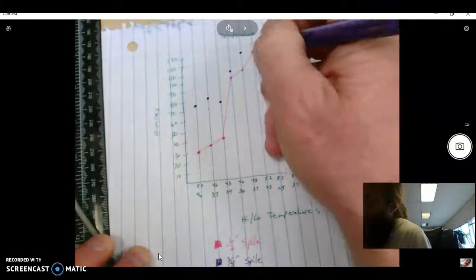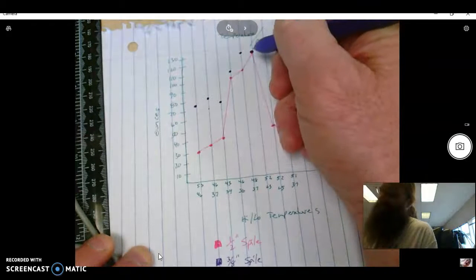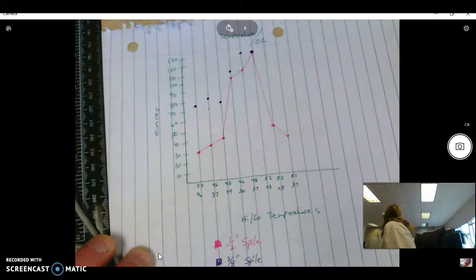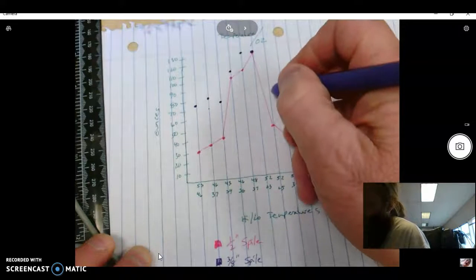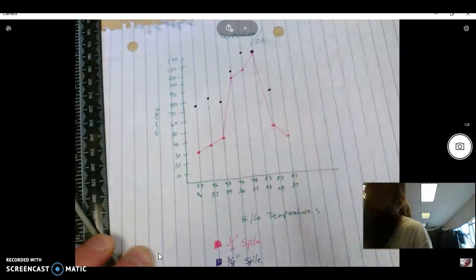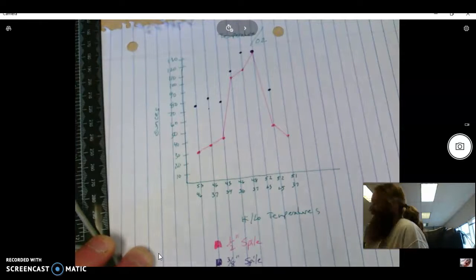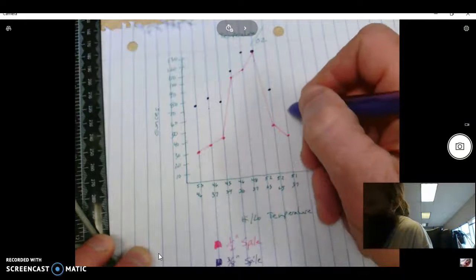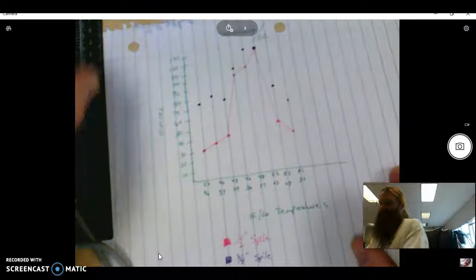Then we did 128 again. It's right on the top of the next one, straight over. And then it fell down to 80, which is about there. And then our last day, 63. Okay, so that's the 3/8 spile.